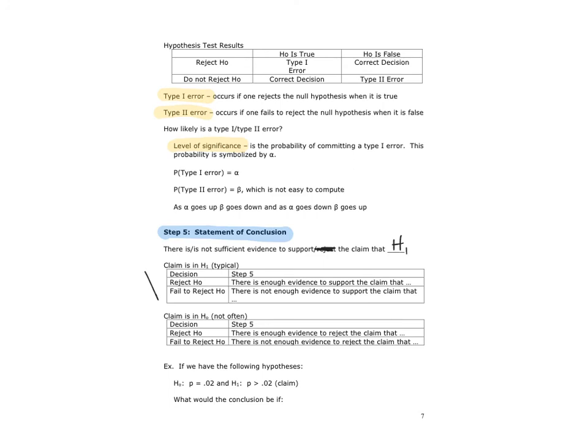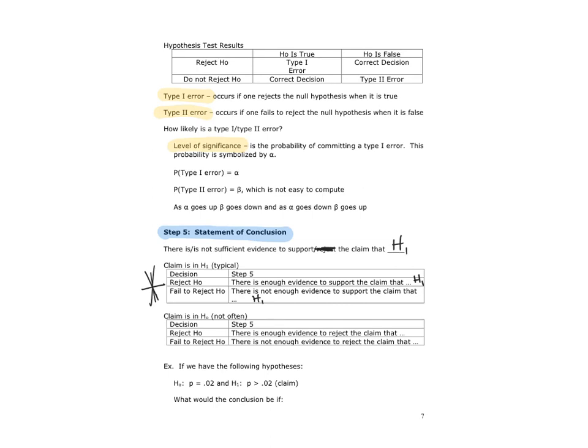So this is the most common way. This is the way that we'll be writing our conclusions, is in H1. So if our decision was to reject, we'll say there is enough evidence to support the claim, and then you'll give the claim that's in H1. If our decision was fail to reject the null, then there is not enough evidence to support the claim, and you'll state your claim H1.